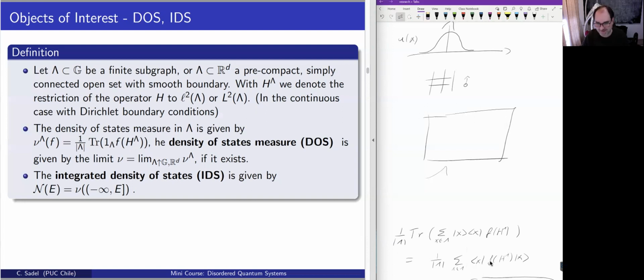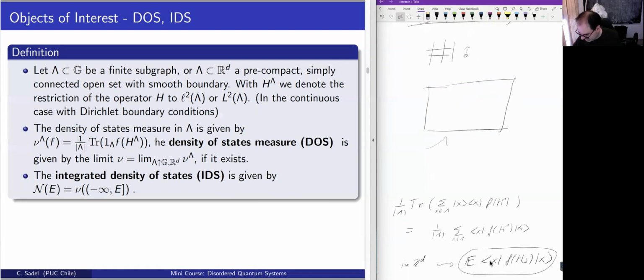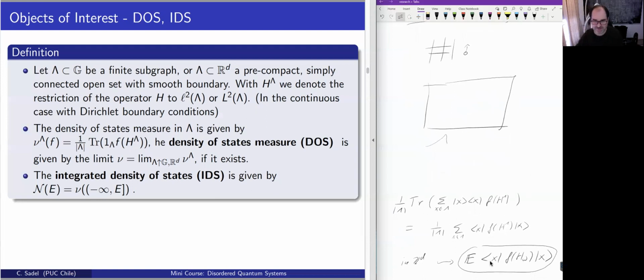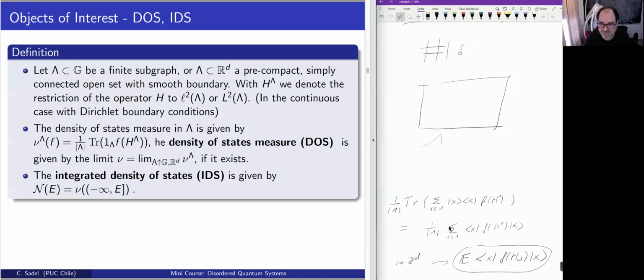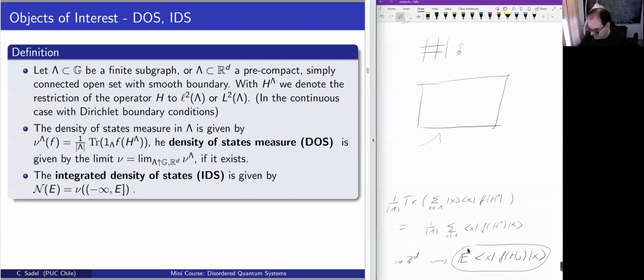And then what you expect, at least in Z^d for instance, by ergodicity, is that this converges to the expectation of the spectral measure at the site x, and by this invariance of shifts, this will be the same for all x. This is the density of states measure in the end if you let Lambda go towards Z^d.